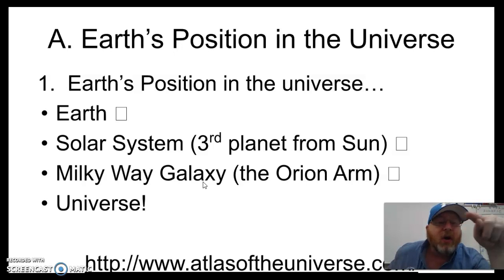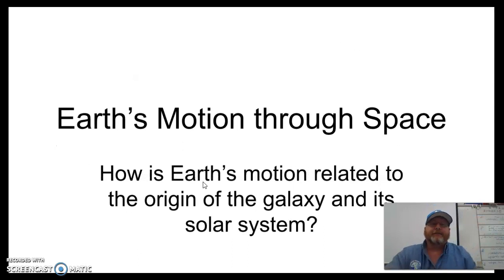But one of the arms that spiral out of the center of our galaxy is called the Orion arm, and we're about 2/3 of the way out on the Orion arm. And then the Milky Way galaxy is just one of 2 or 3 trillion galaxies that's estimated in the entire universe. So the universe is a massively large place.